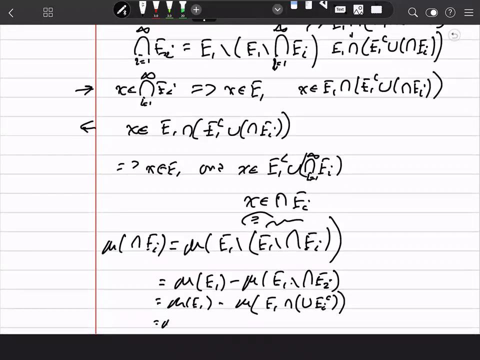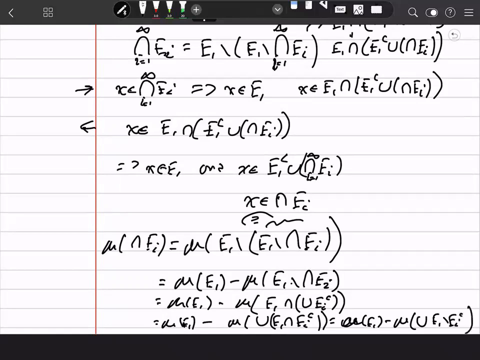But this is just going to be mu of E1 minus mu of, right, we could pull E1 on the inside. So this is going to be the union of E1 intersect E sub I complement. Well, that's just going to be equal to mu of E1 minus mu of the union of E1 set minus E sub I complement.